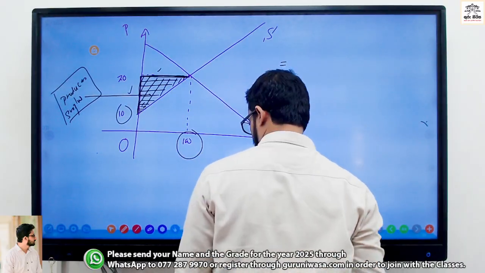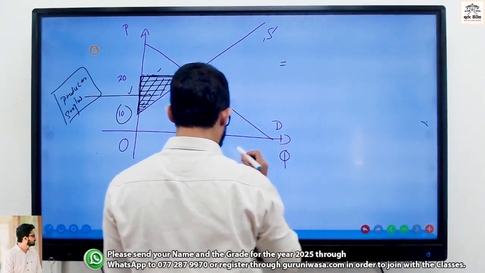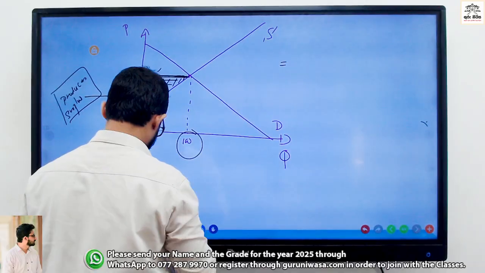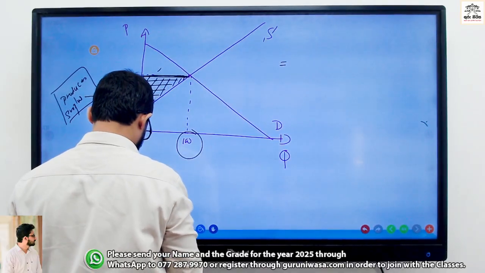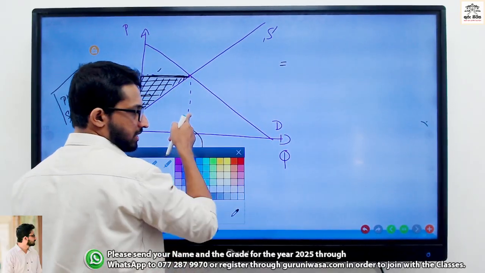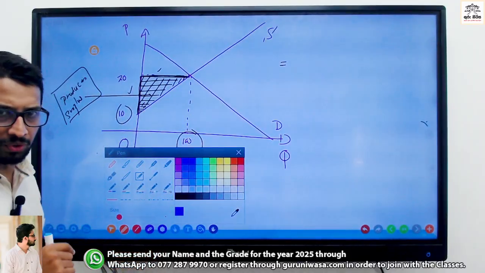Okay, write down the equation. Producer surplus equals... For this diagram, no need for a scale. Just draw it.